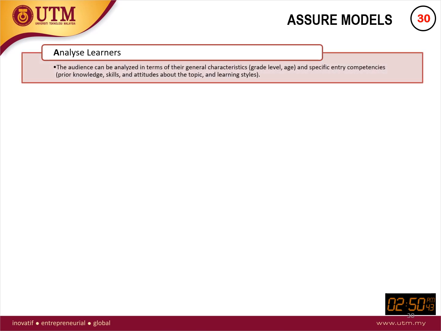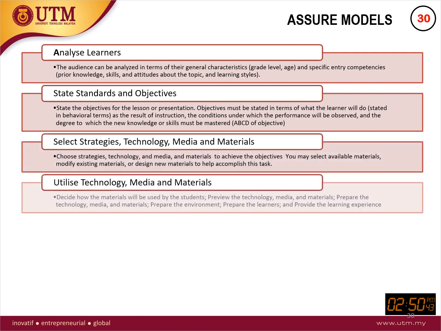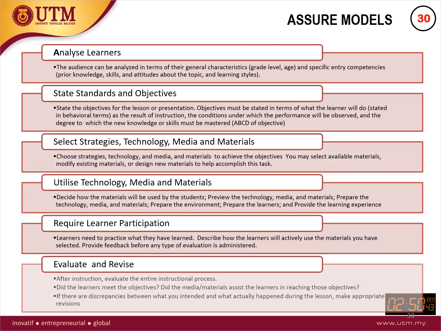And for the ASSURE model, as I mentioned, we have these 6 stages that we need to consider. First, analyze learners. The audience can be analyzed in terms of their general characteristics, and then we have to state our objectives that we are going to achieve during this class.